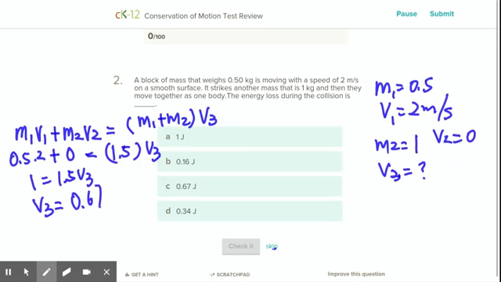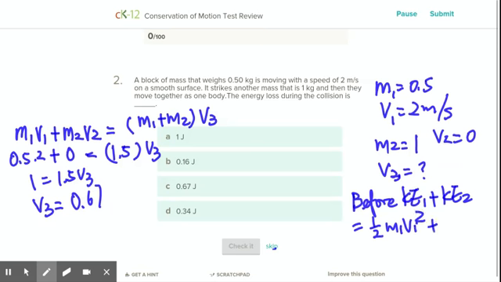Okay. And now we need to calculate energy before the collision and energy after the collision. So before the collision, it's kinetic energy, right? So before collision, kinetic energy of the first item plus kinetic energy of the second item is equal to half m1 v1 squared plus half m2 v2 squared.